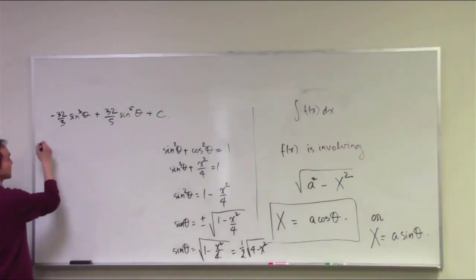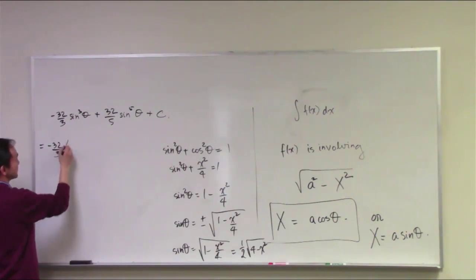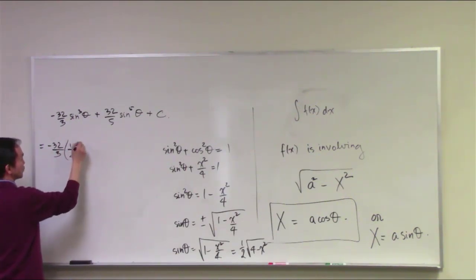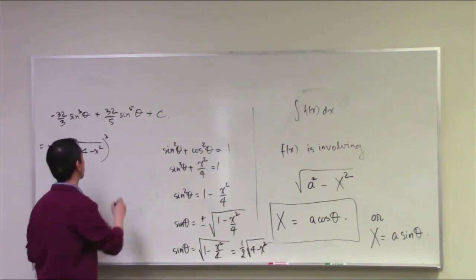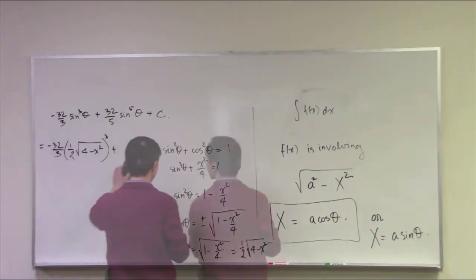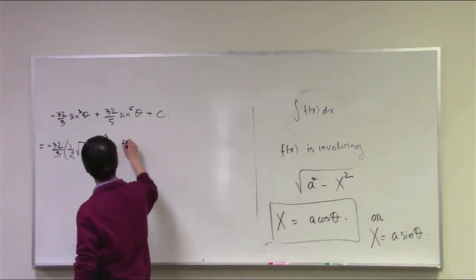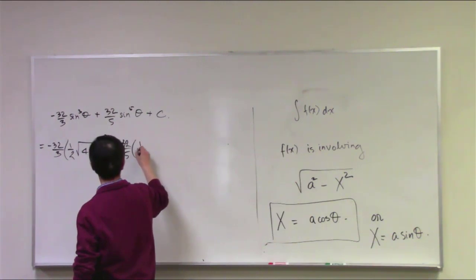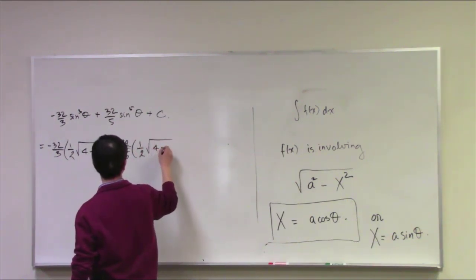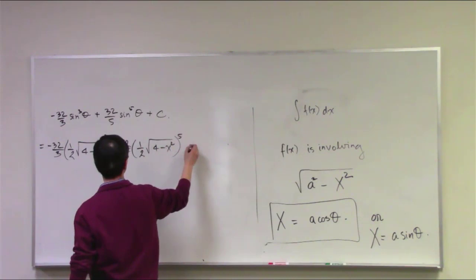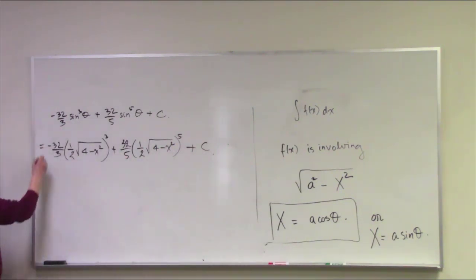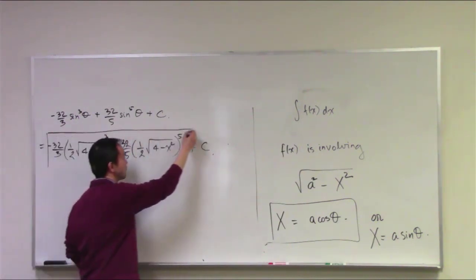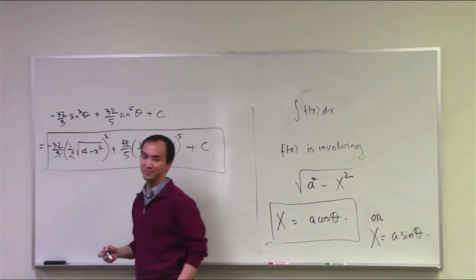It turns out to be minus 32 over 3 times 1/2 square root of 4 minus x squared, cubed, plus 32 fifths times 1/2 square root of 4 minus x squared to the 5th power, plus c. Yes, we're done with that. You can simplify that down a little bit, but there's no need to. We have found that integral.